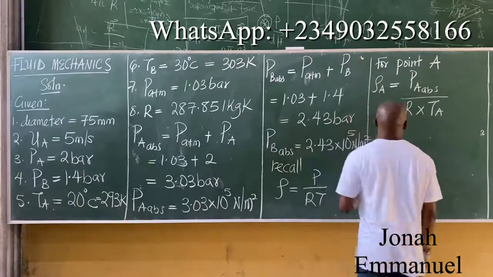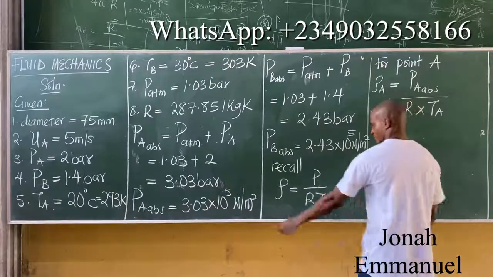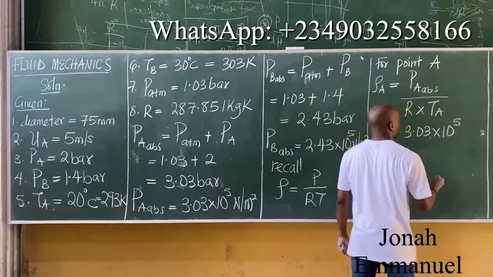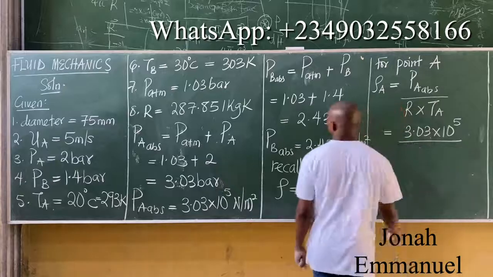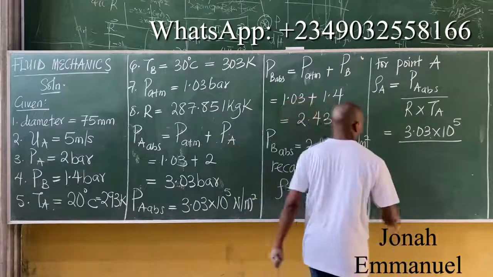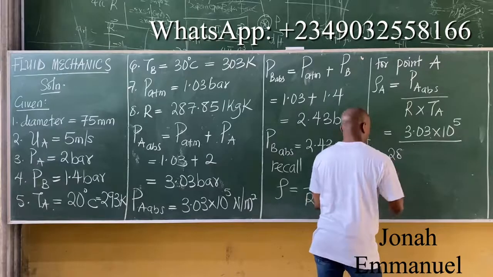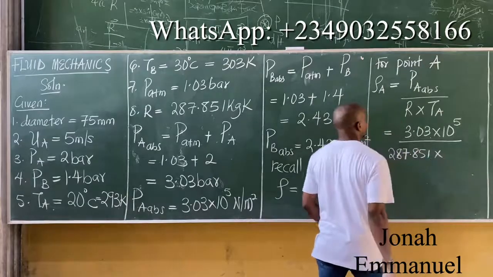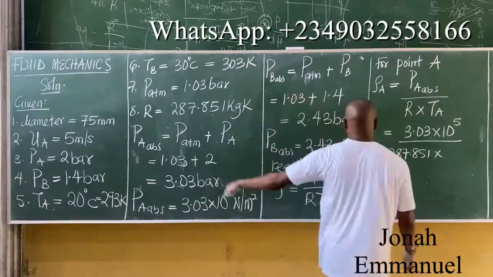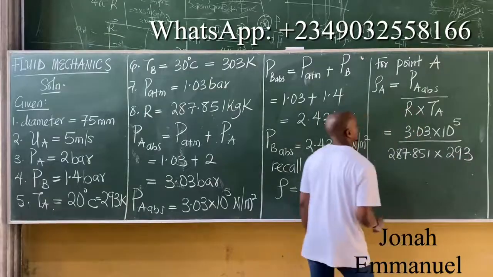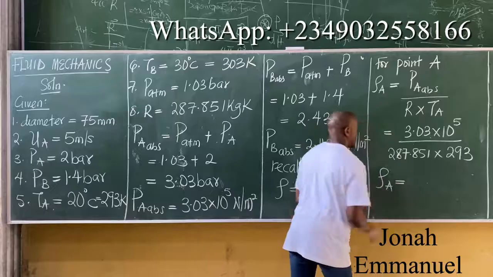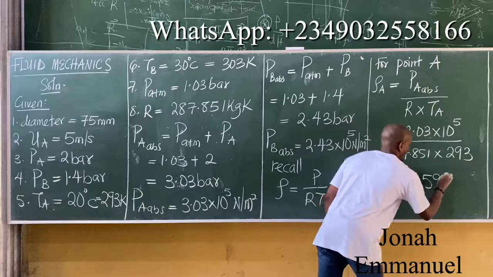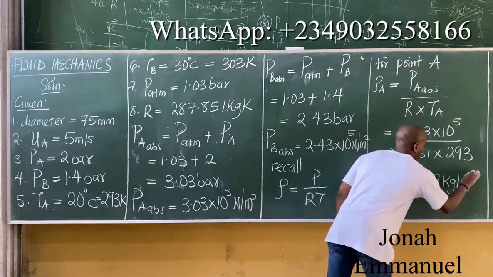So that's PA absolute, 3.03 times 10 to the power 5, all over R, 287.851, times 293 Kelvin. That means the mass density at point A is 3.59 kilogram per meter cube.